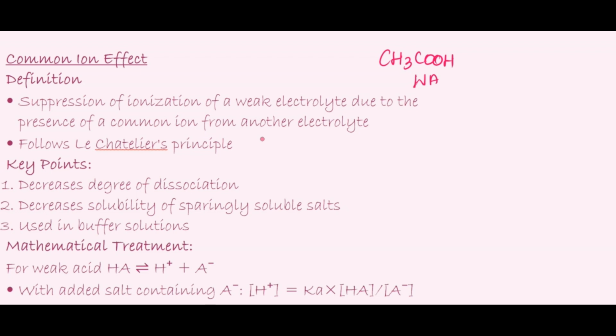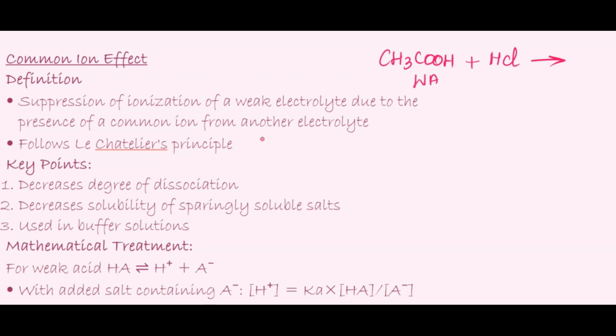So, weak acid dissociation is more suppressed in the presence of a common ion. That common ion may come from a strong electrolyte. Let's say I'm adding HCl to it.